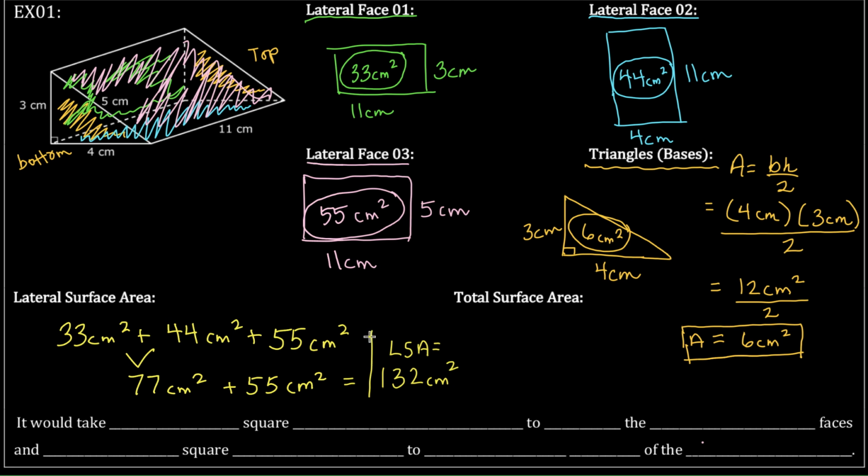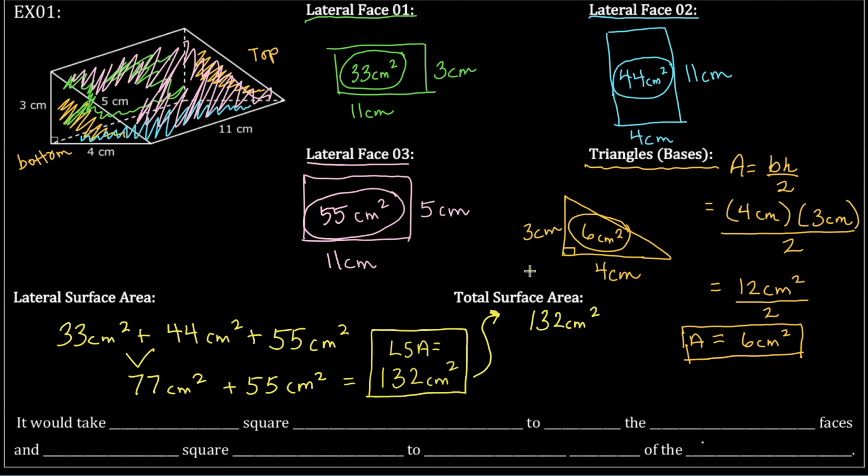Okay, so that's our lateral. That's everything except for the top and the bottom. Now we want to actually get the total, which would include the top and the bottom. I think we kind of ran out of colors here, so I'll just keep yellow. So I'm going to keep this, and I get 132 centimeters squared. I just need to add the top and the bottom.